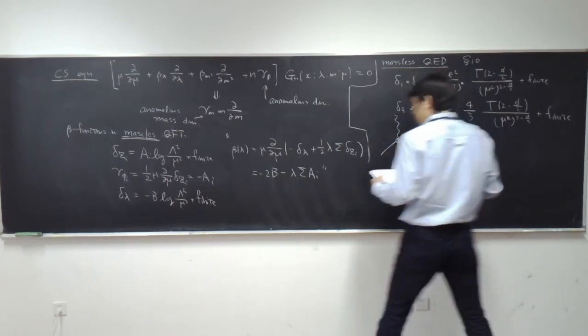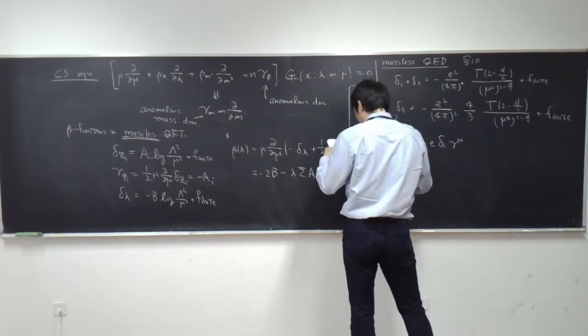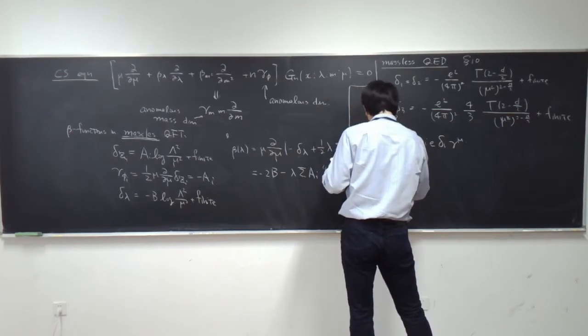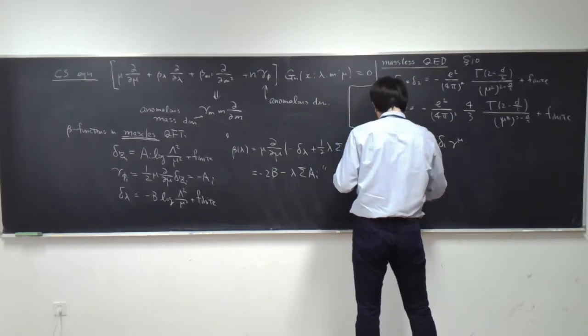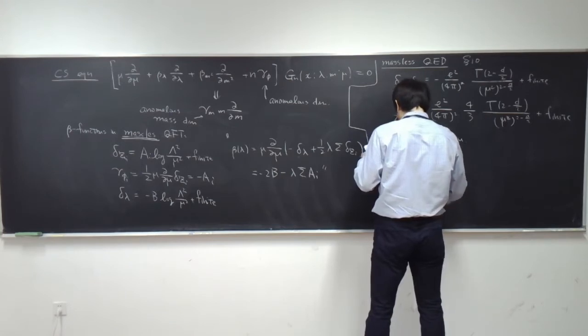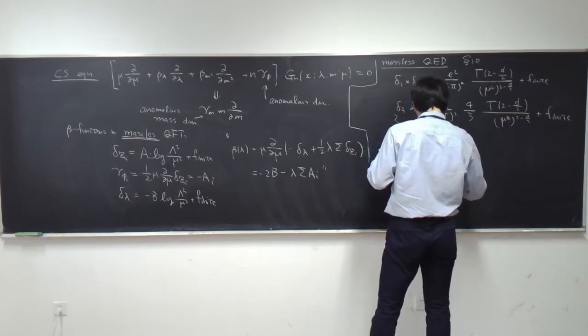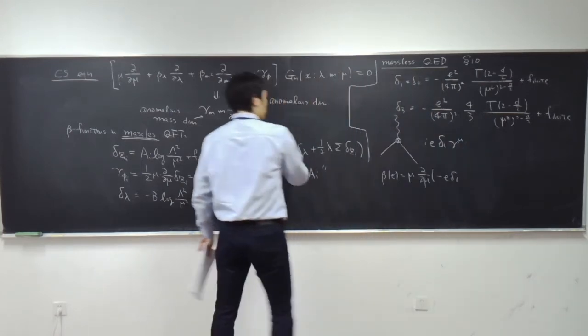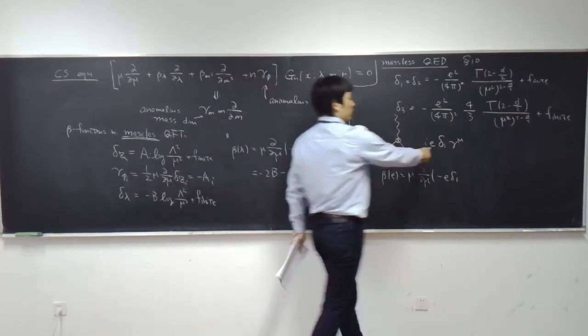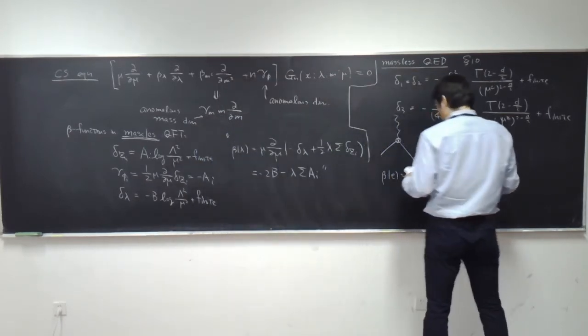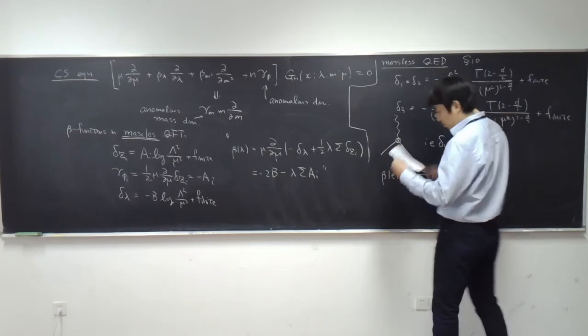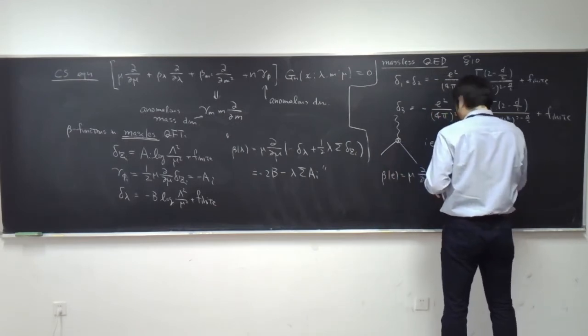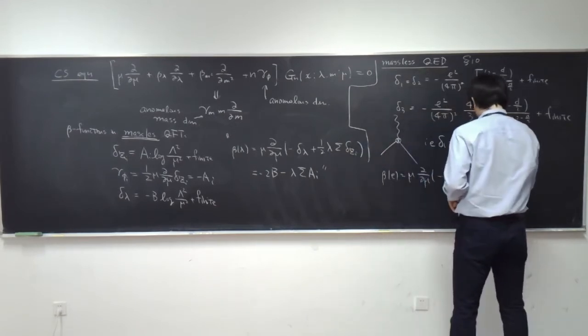Therefore beta of e is mu partial mu of minus e delta 1, which corresponds to this. Delta lambda is e times delta 1, and then you have a two-electron vertex, which is 1/2 e.